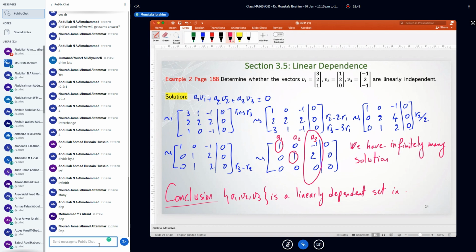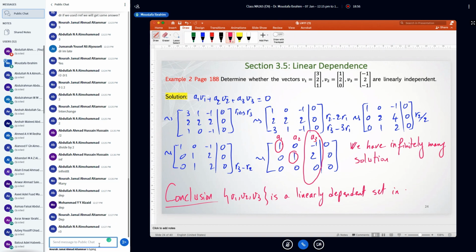We are in which vector space? What's the vector space here, guys? R3. Very good. That's it. So you see, very easy. Please take a screenshot of how to solve it.